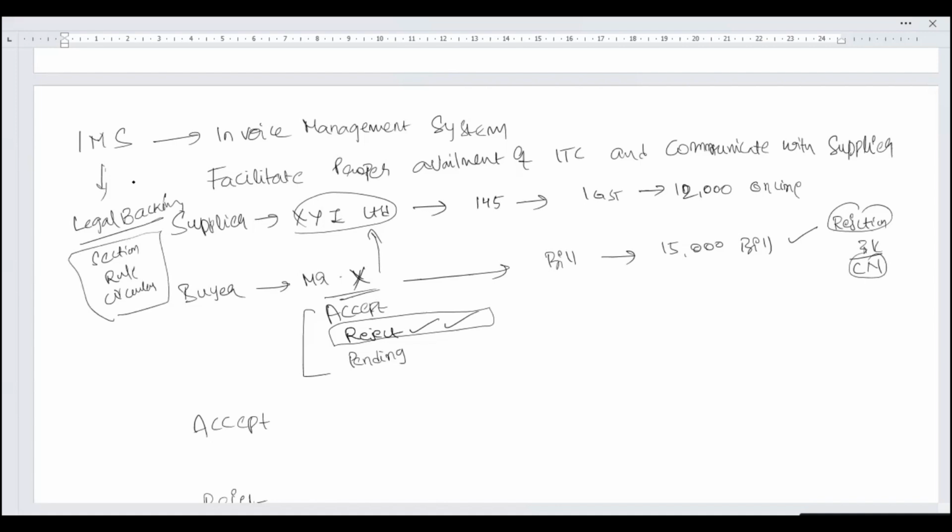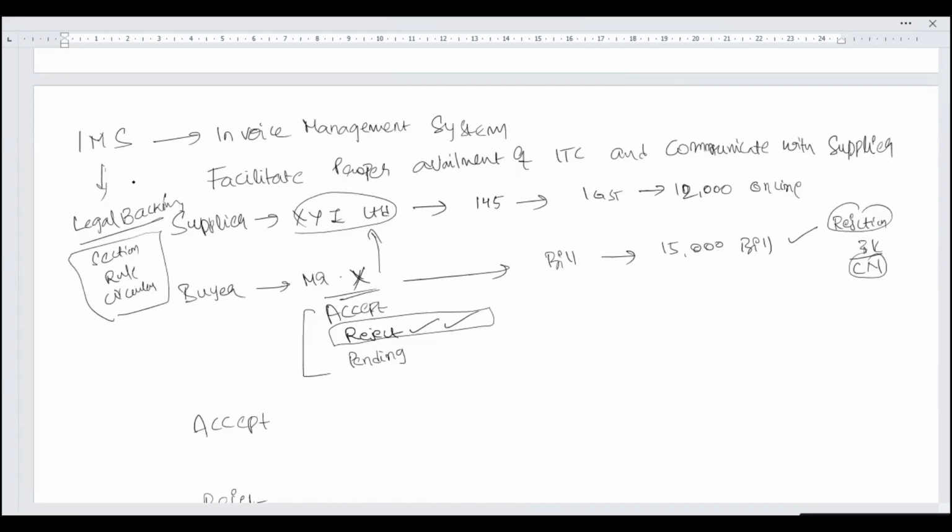This was brought as a facilitation window. So if any notice comes on account of IMS, we can tell the GST officers that, sir, this does not have any legal backing. This is just to facilitate trade. Any mistakes over there, you cannot have authority to question me.